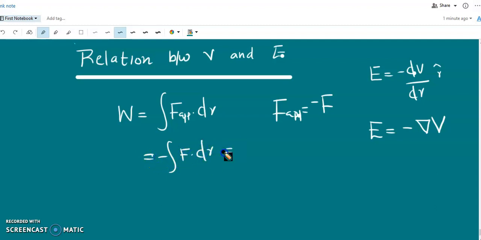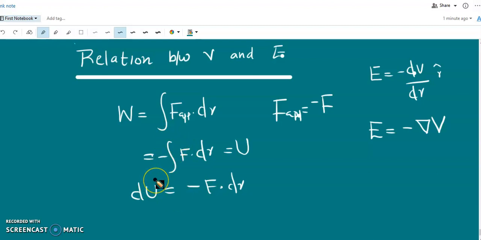So this is stored as the potential energy. From this equation, differentiating this, we can write dU is equal to minus F dot dr. Differentiating this, we get dU, and the integral sign is cancelled.